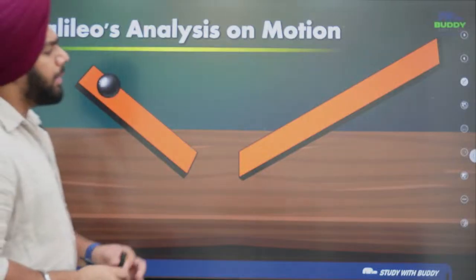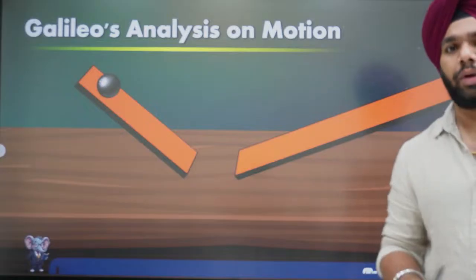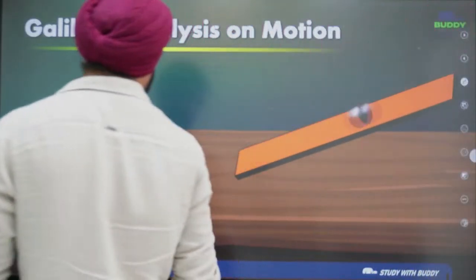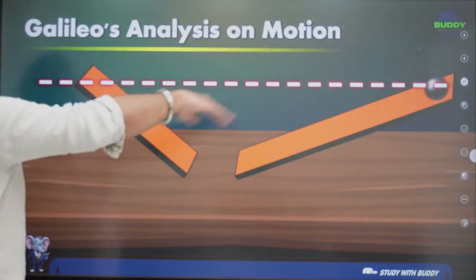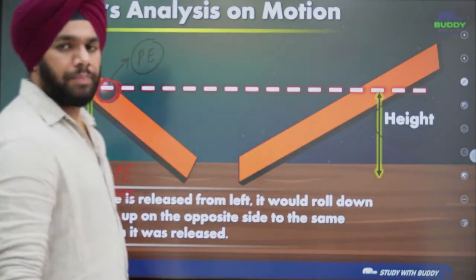that if I rearrange the plank and reduce its angle, this is how I did it, right? It will move some more distance and reach exactly the same height. Feel the difference. Here also the height was the same, right?